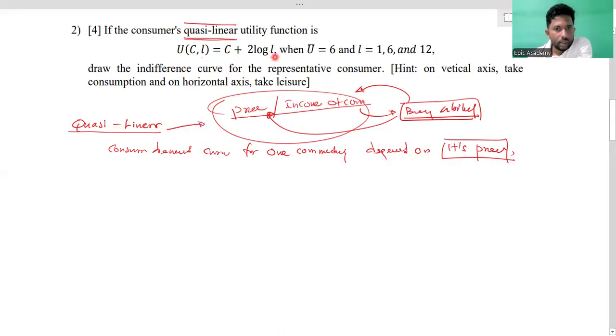But when U equals 6, this is a very crucial factor. We have to identify that. When U equals 6, you indicate the total utility. Then you can identify U hat here.